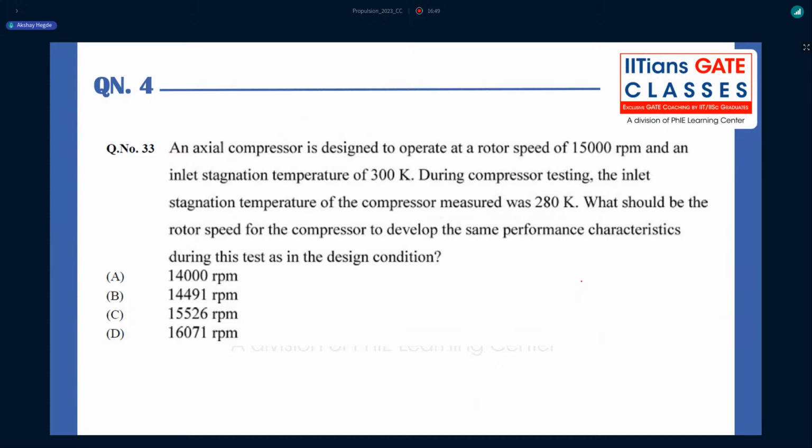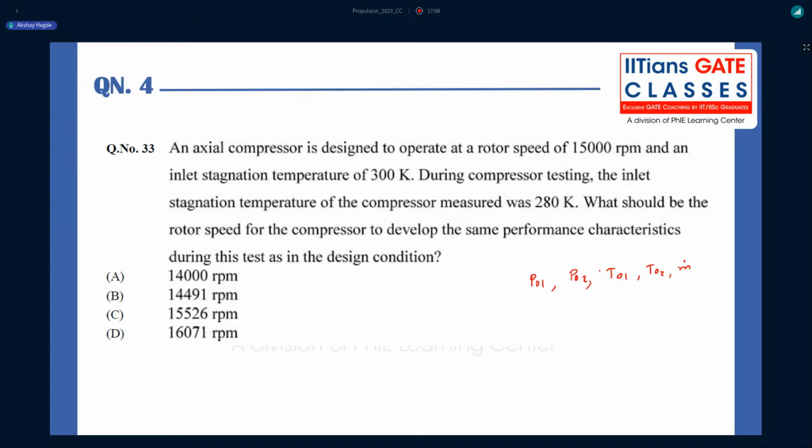So if I take the compressor as a whole, I can have very important variables like P01, P02, T01, T02, the mass flow rate.